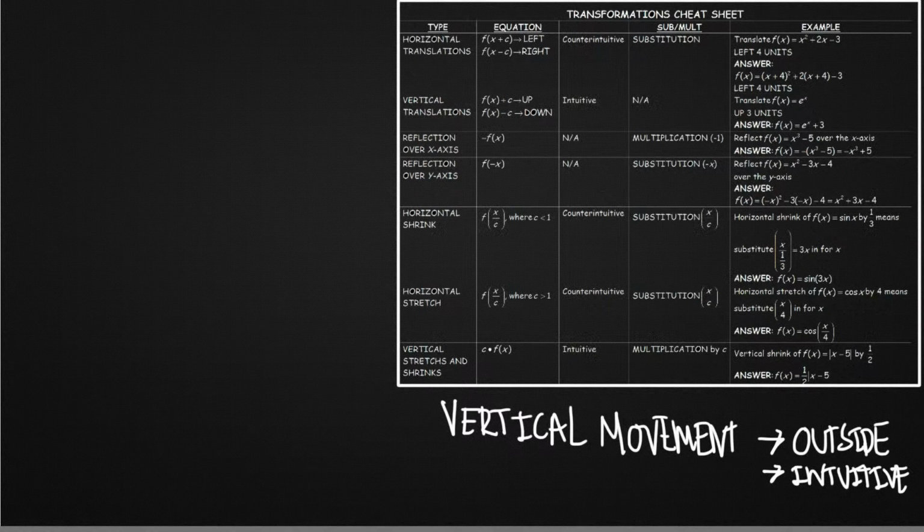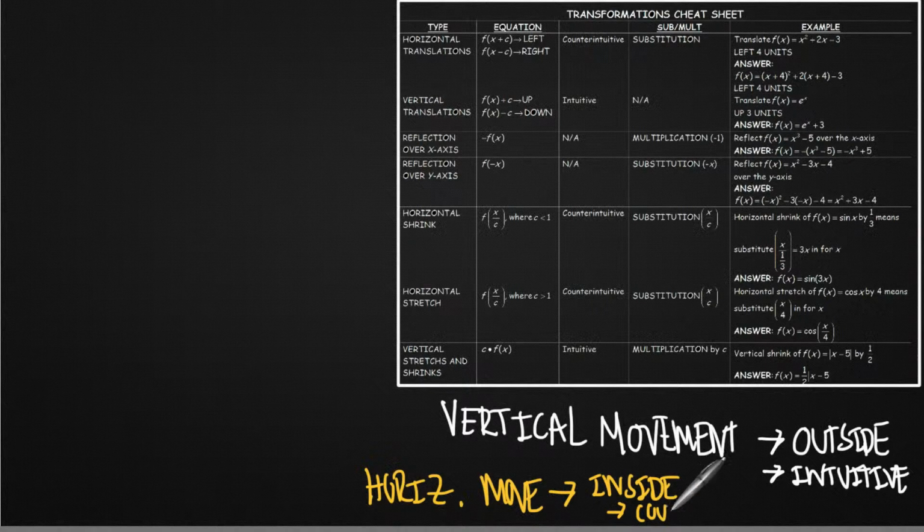And then all horizontal movement, any horizontal movement is going to be inside the function, and it's going to be counterintuitive. Counterintuitive, meaning it's going to be opposite of what you think it's going to be.